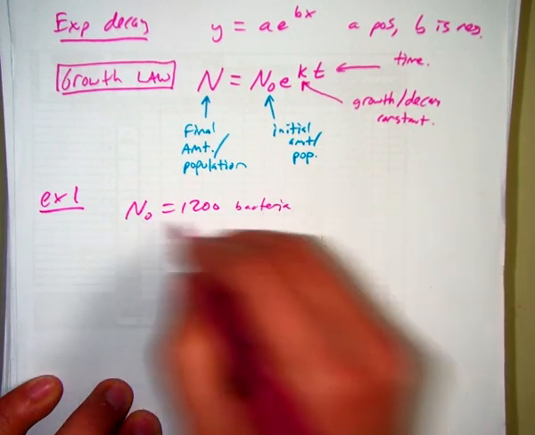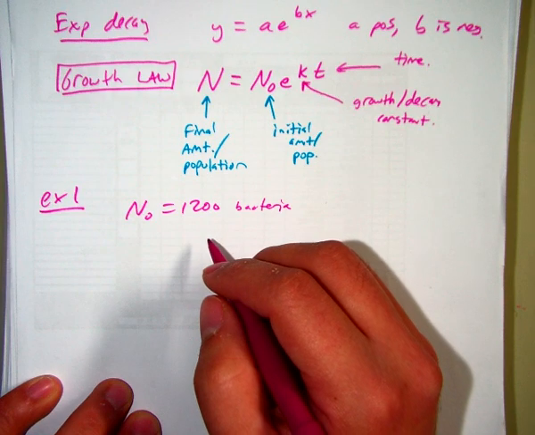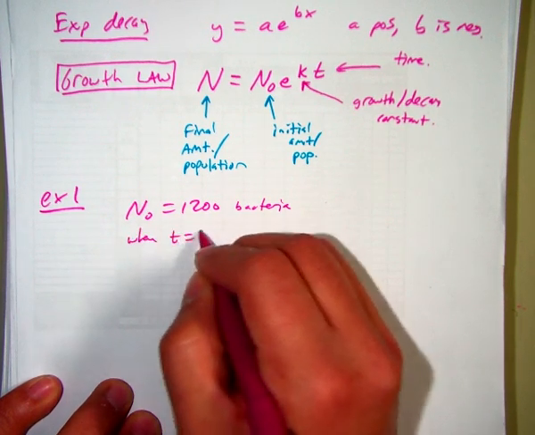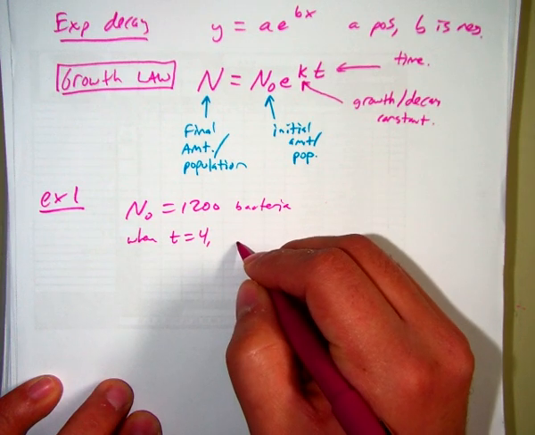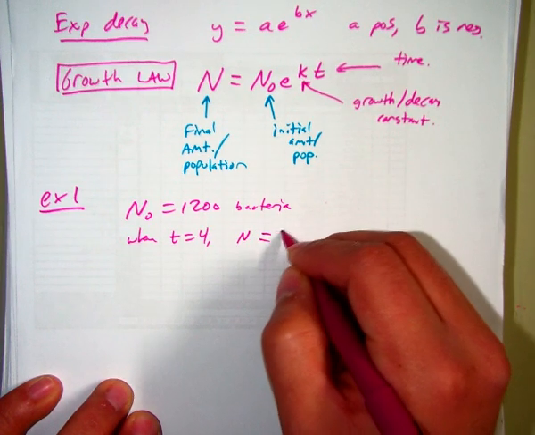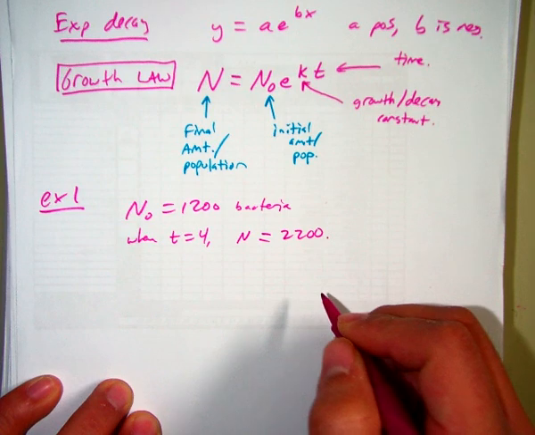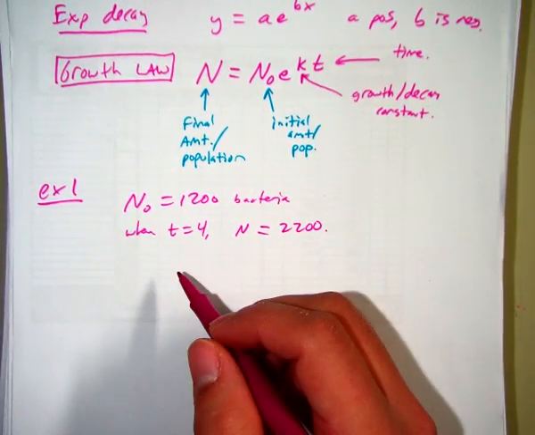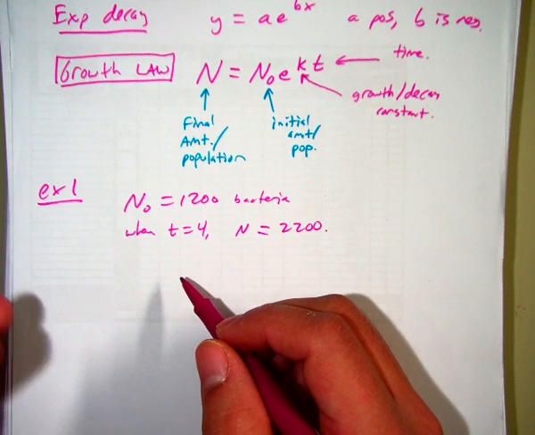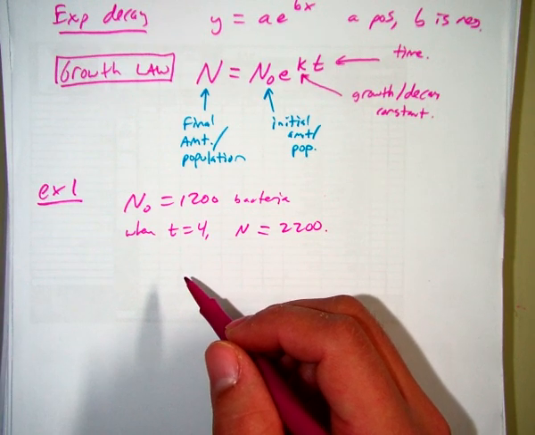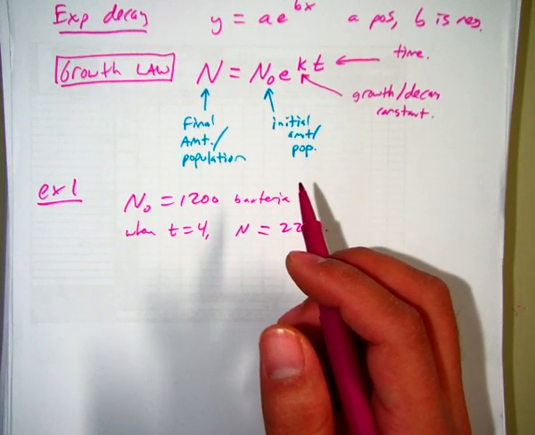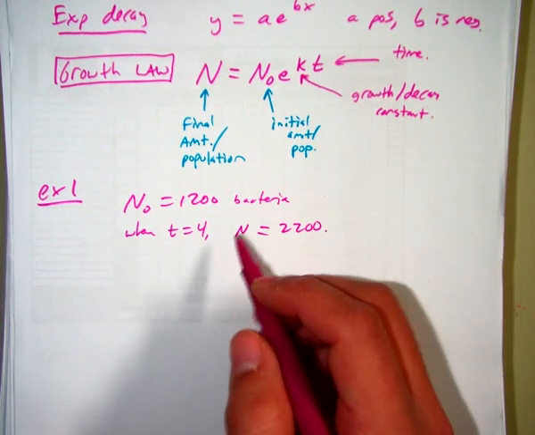So N naught is going to be 1,200. 4 hours later, so when t equals 4, now the population is 2,200. From that, we should be able to find the general growth law, and we can use it to find any information we need. How long it'll take to double, how long it'll take to triple, how much there will be in 7 hours. We can find anything as long as we have the growth law.